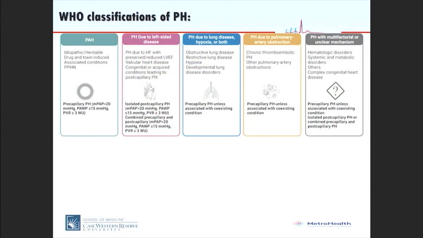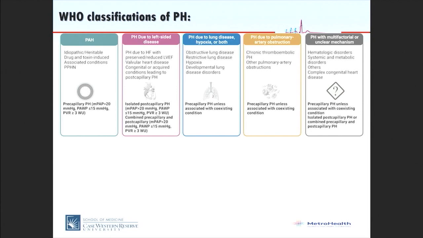Back to the classifications, the World Health Organization put this classification together about 30 years ago, and it's still valid because it reflects the pathophysiology, the mechanism, and the hemodynamics. So the first group, WHO 1, pulmonary arterial hypertension, is where the problem is in the vascular bed.